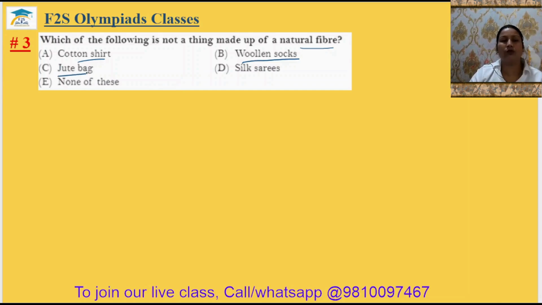A jute bag is made up of plant fiber. And a silk sari is made up of silk, which is obtained from the silkworm, so that is animal fiber. So the answer should be option E, because all the options given here are made up of natural fiber only. So the third answer will be option E.